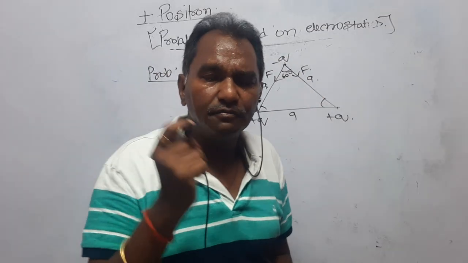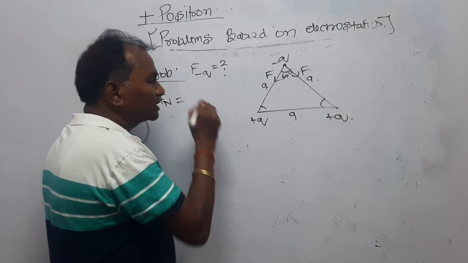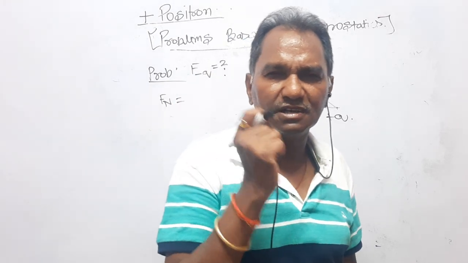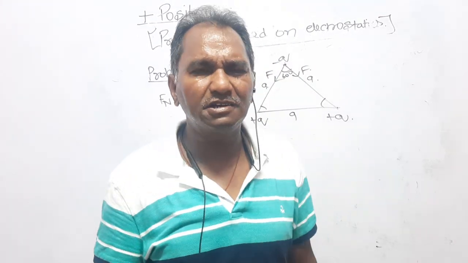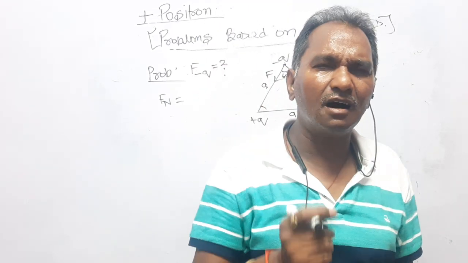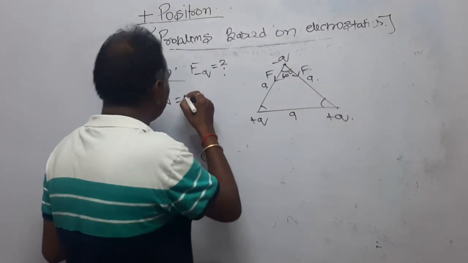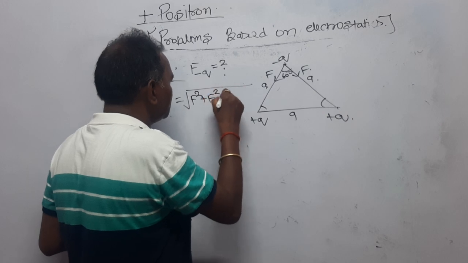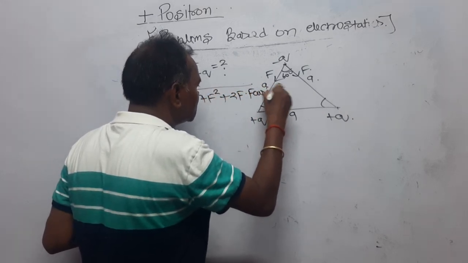Now, to find the net force Fn: if the two vectors are P and Q, and force is undoubtedly a vector quantity, and they make an angle theta with each other, then their resultant R is equal to under root P square plus Q square plus 2PQ cos theta. Same thing I am applying. Fn is equal to under root F square plus F square plus 2 F into F cos 60.